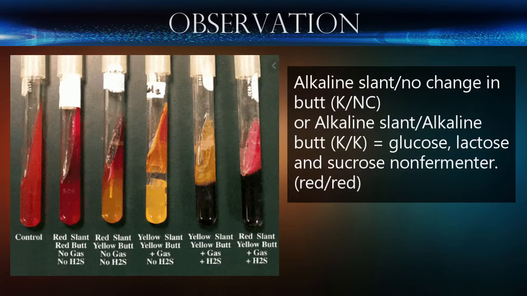Observation. Alkaline slant and no change in the butt, or alkaline slant with alkaline butt, is a glucose, lactose, and sucrose non-fermenter. That is, they appear red in slant and red in butt.